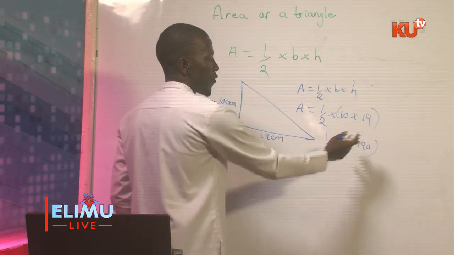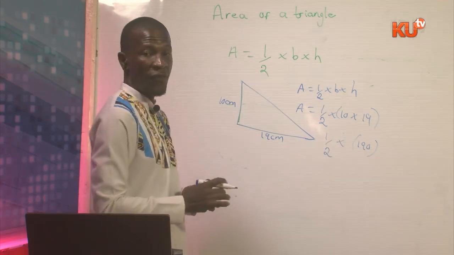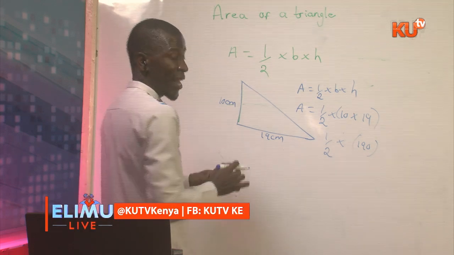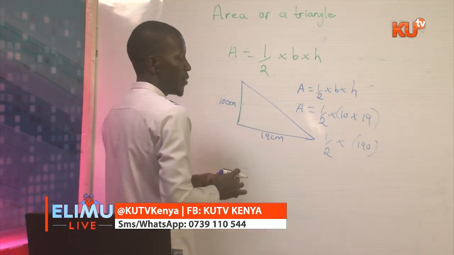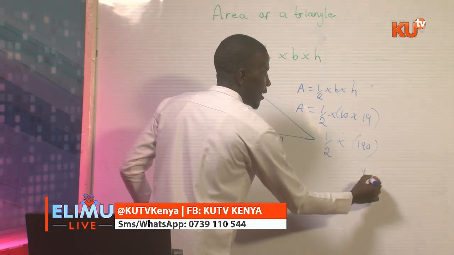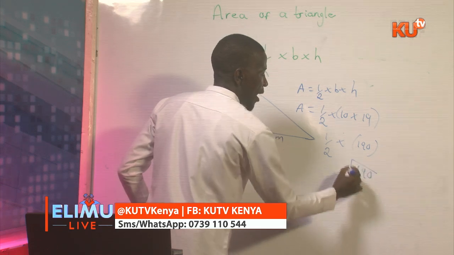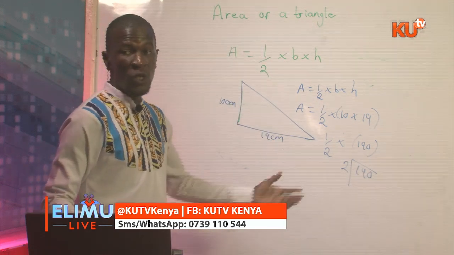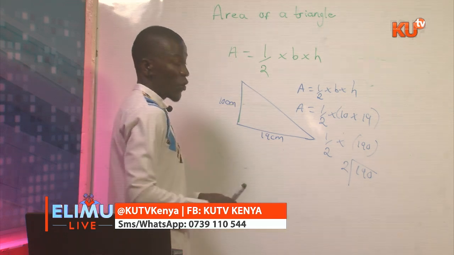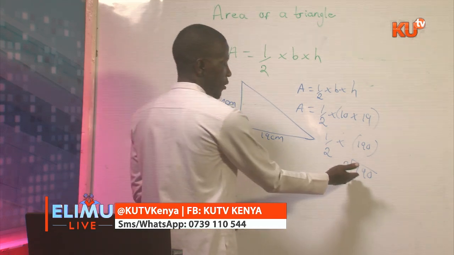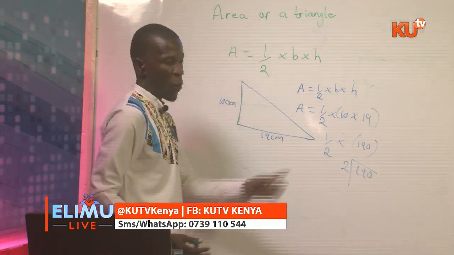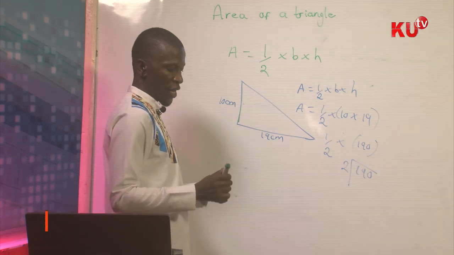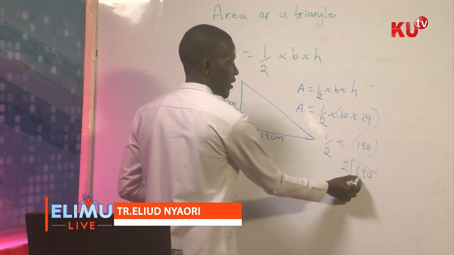So what is a half of 190? A half of 190 simply means you take 190, divide by 2. Then when you are dividing, you go into long division. So when you are dividing a 3-digit number by a 1-digit number, you first of all pick the first digit.